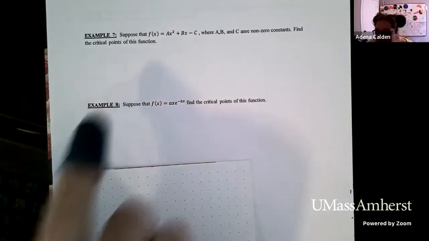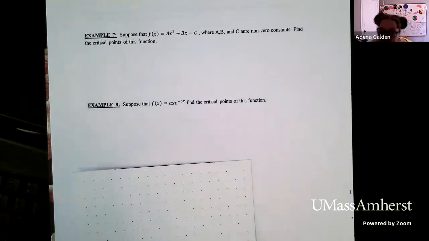Something like ax squared plus bx minus c, where a, b, and c are non-zero constants, right? So we're still trying to apply the process, but now we have added in this layer where we have variables representing constants. For example, in 8, we have ax times e to the negative bx.